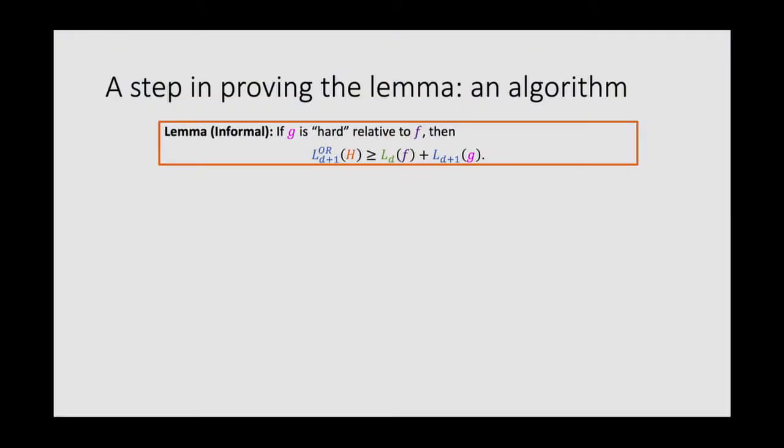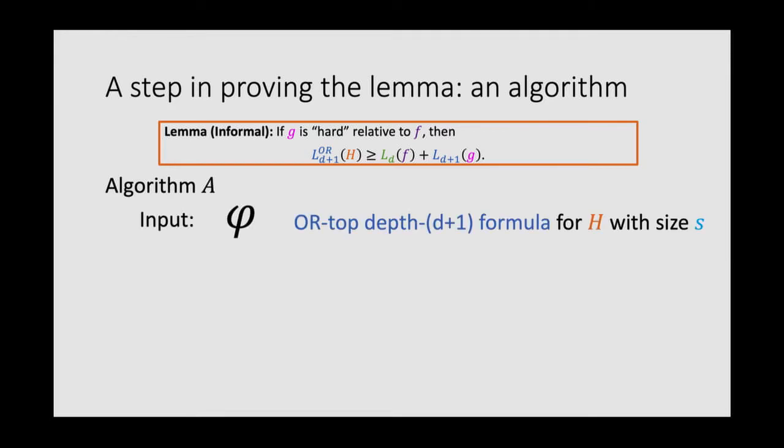And informally, the way that we prove this lemma is that we say that there's some algorithm A that, if you feed it as input some formula for h of depth d plus 1, a formula for h that satisfies these two properties, it's OR-topped and has depth d plus 1, and let's say that formula has size s, this algorithm is going to output one of 3 different formulas.